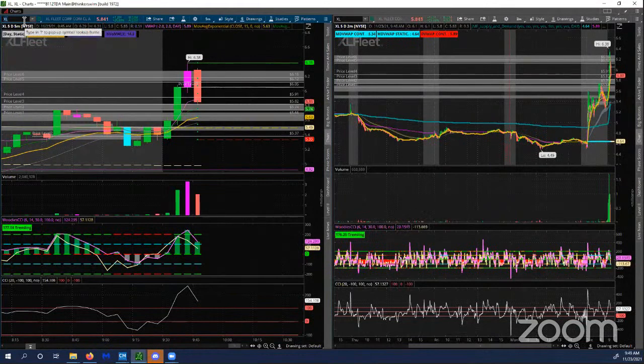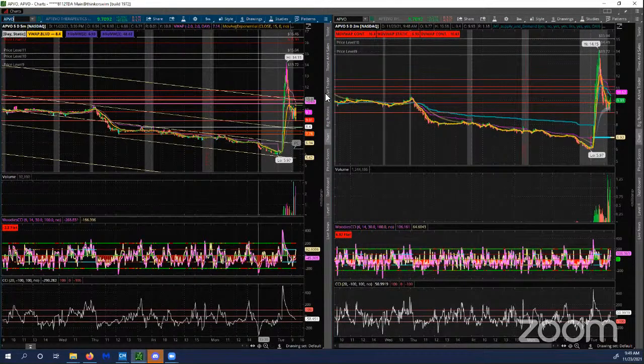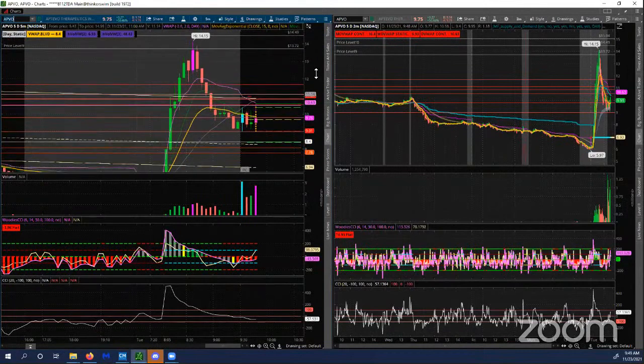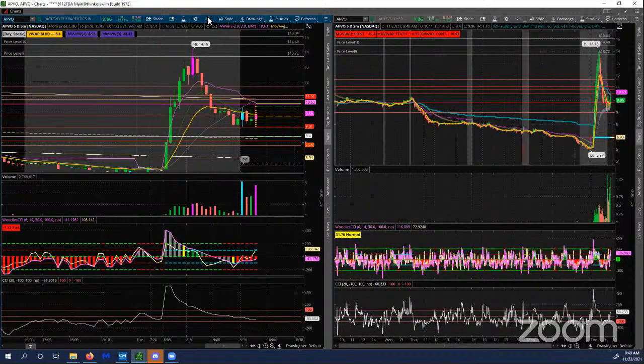I don't trade $10 candles. If I'm trading $10, I have to be in it from early. 5 minute.